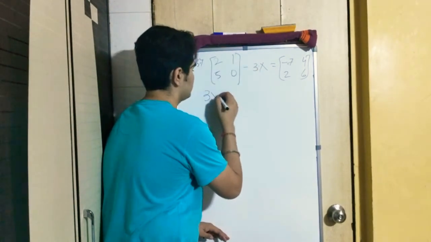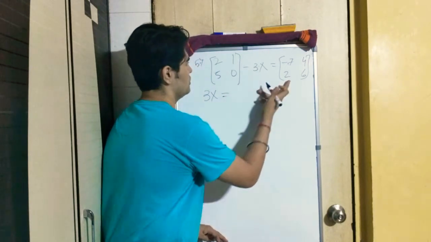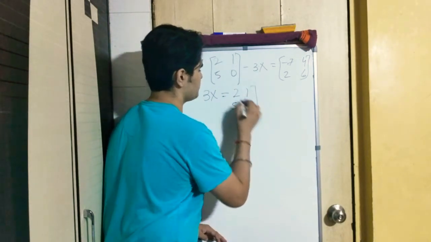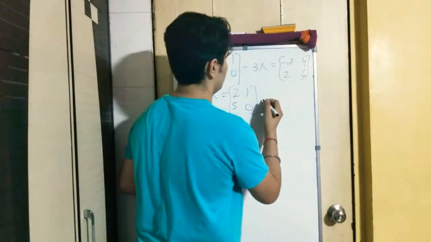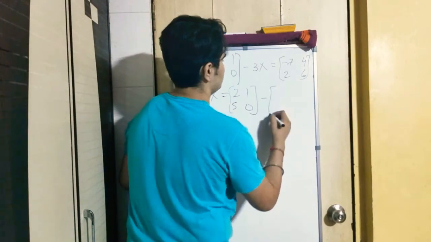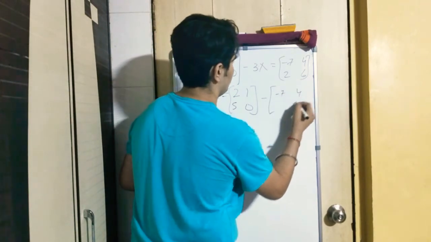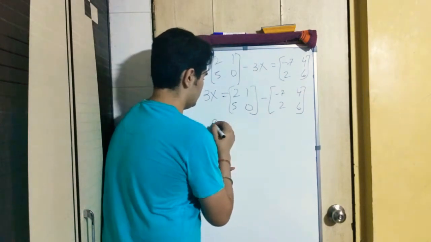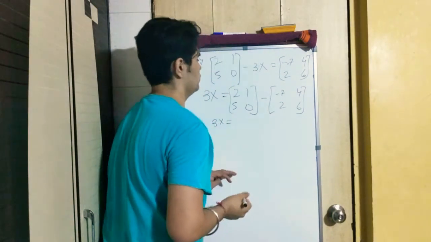So 3x is equals to, you take this here, [2, 1; 5, 0] and minus [-7, 4; 2, 6].